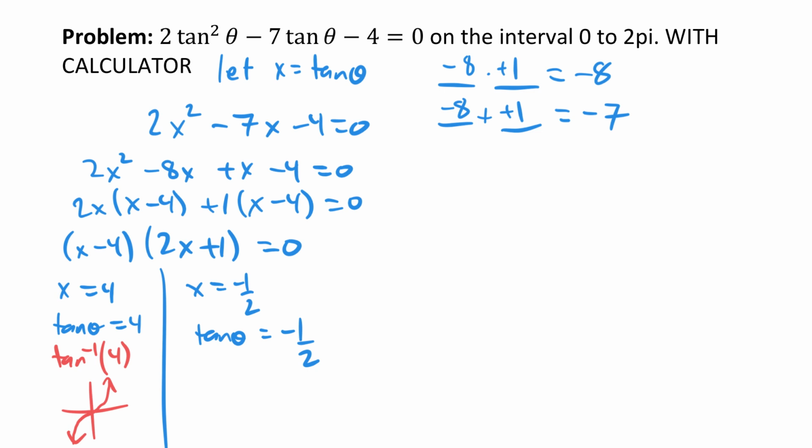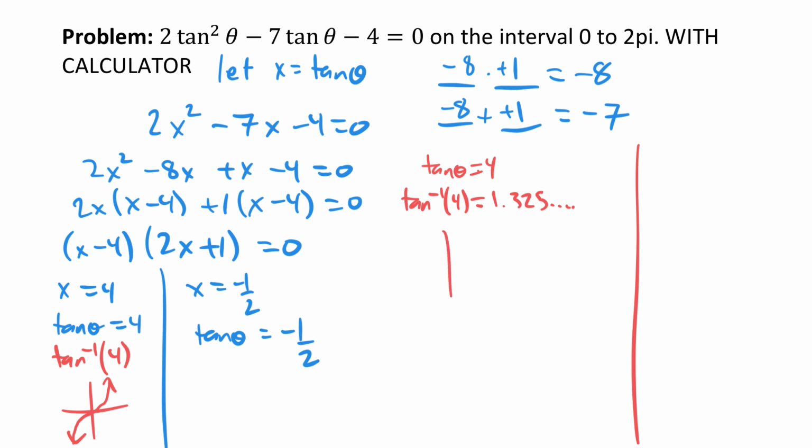Okay, well, let's continue that one over here. Tan theta equals 4. Using our calculator, tan inverse of 4 gives us 1.325 and so on. The cast rule says tan is positive here and here. So this one is just our reference angle.